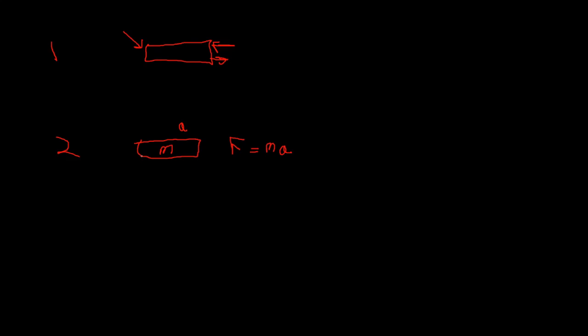But first, its velocity was v1, and after some time its velocity becomes v2, and the mass was m. So the rate of change of momentum is (m v2 minus m v1) upon time.